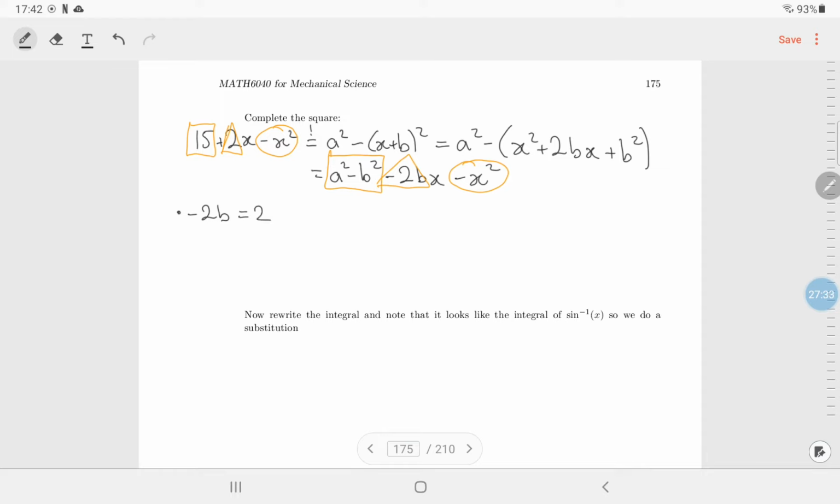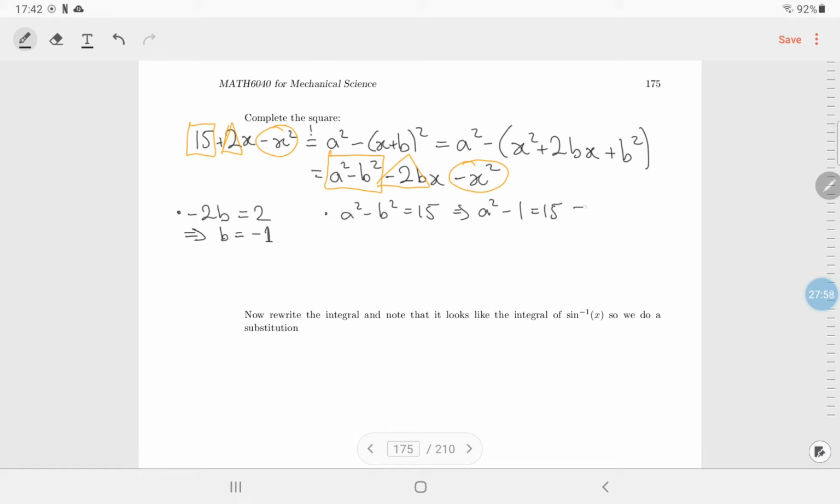Divide both sides by minus 2. b is equal to minus 1. Okay, then we're looking at a squared minus b squared is equal to 15. We know that b is equal to minus 1. So minus 1 squared is minus 1 by minus 1, which is plus 1. So we have a squared minus plus 1, in other words a squared minus 1, is equal to 15.